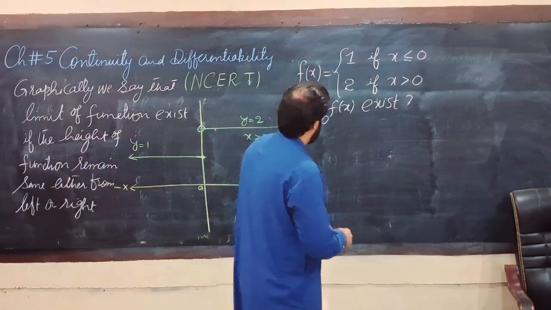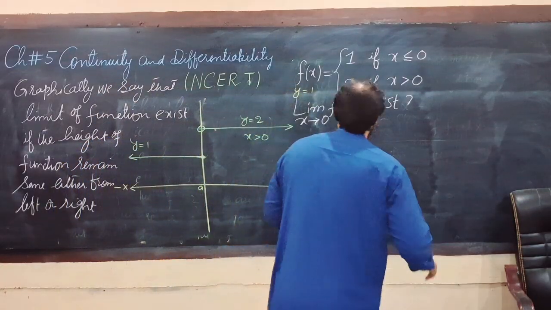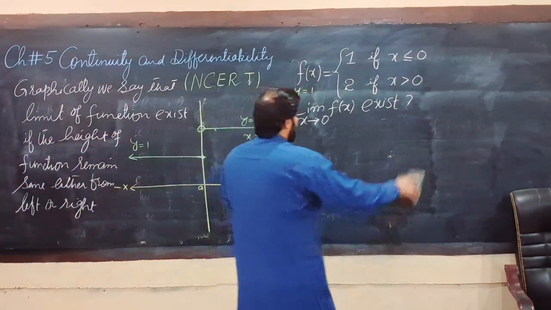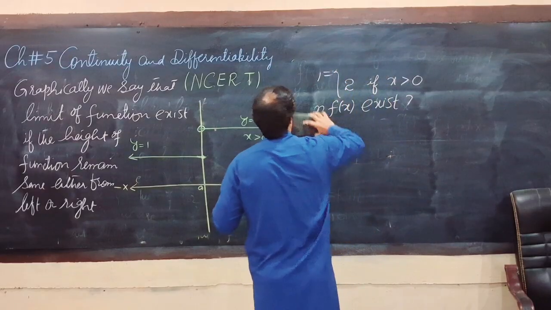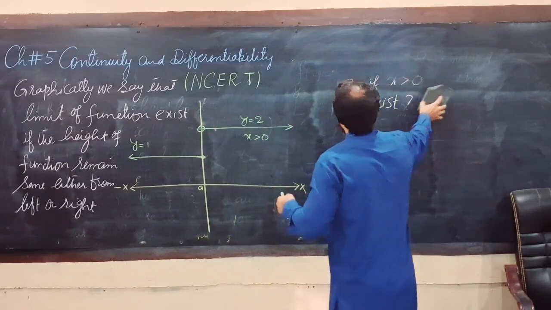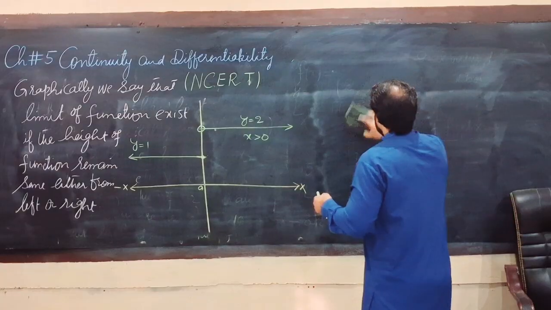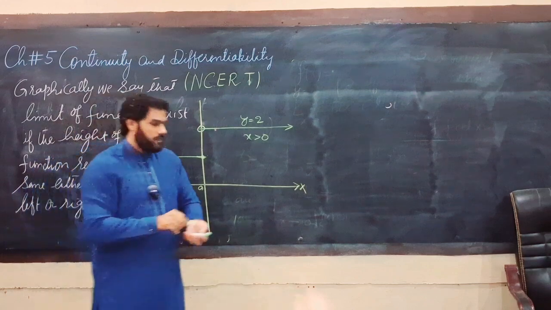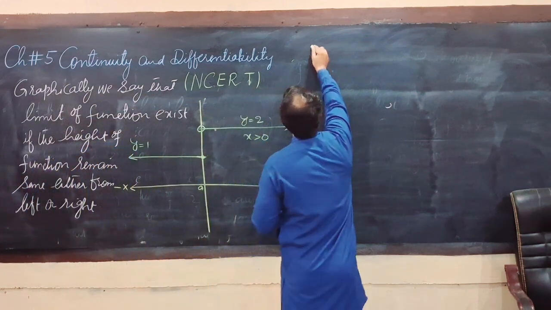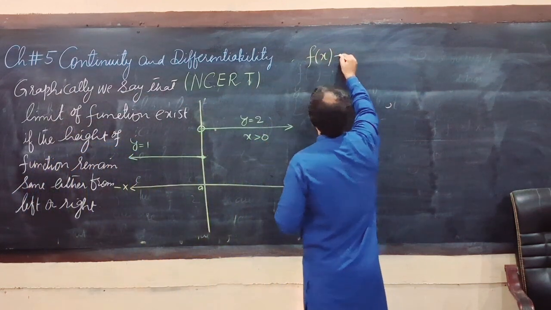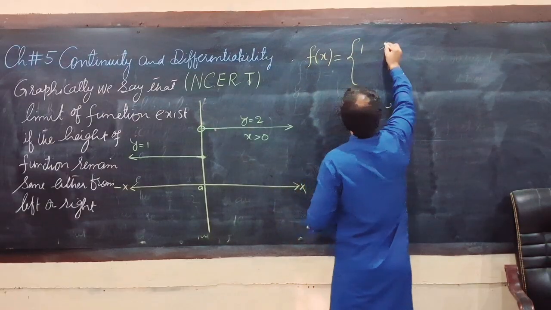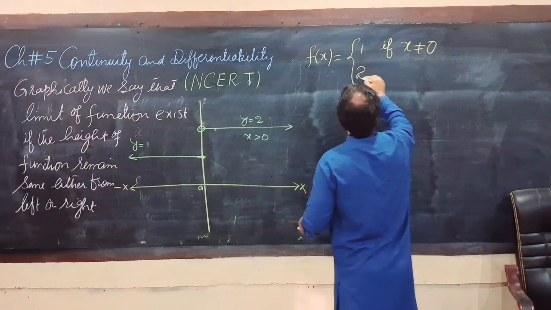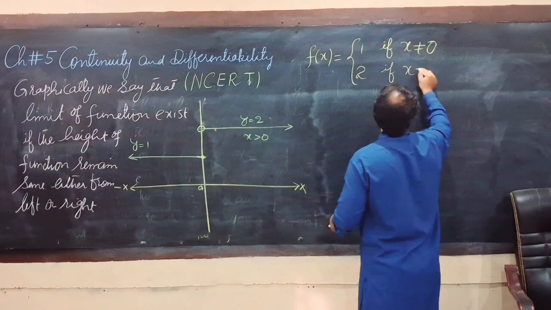Next we take another example. Suppose now I write our function as f of x is equal to 1 if x is non-zero and its value is 2 if x is equal to 0.